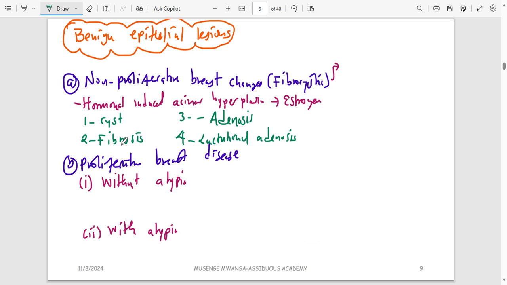Is there any addition or question? So lactational adenosis is common in pregnancy or breastfeeding, where you have got a palpable mass. Again, it is not associated with increased risk of breast cancer. Any addition or any question?